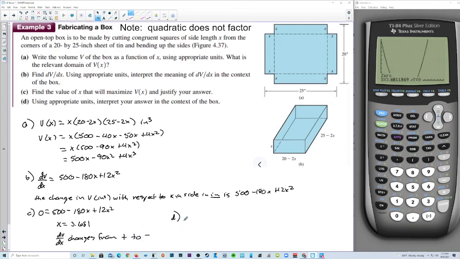So letter D, using appropriate units, interpret your answer. Let's see, did I find the value of x that will maximize V of x? Using appropriate units, interpret your answer in the context of the box.